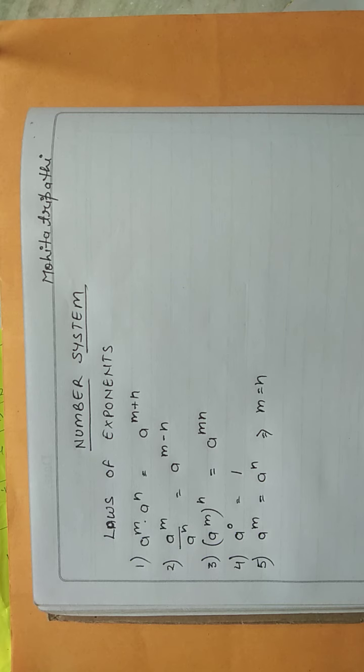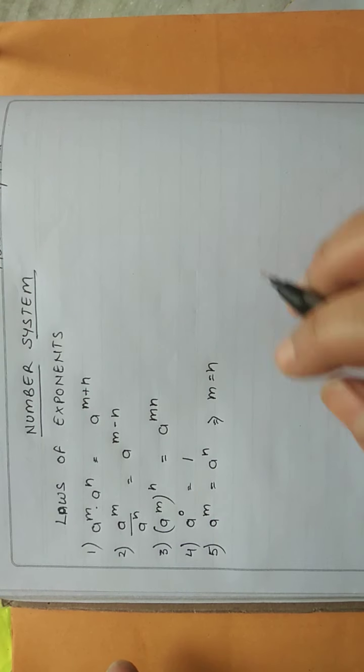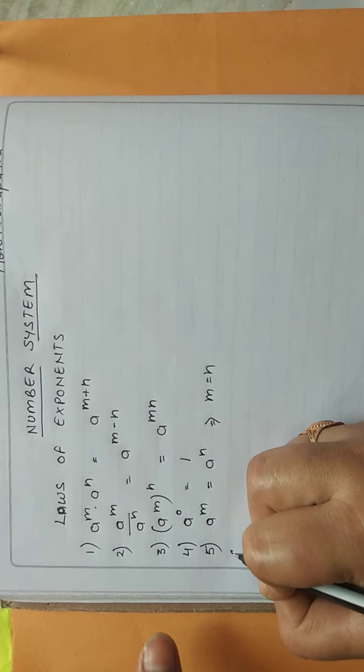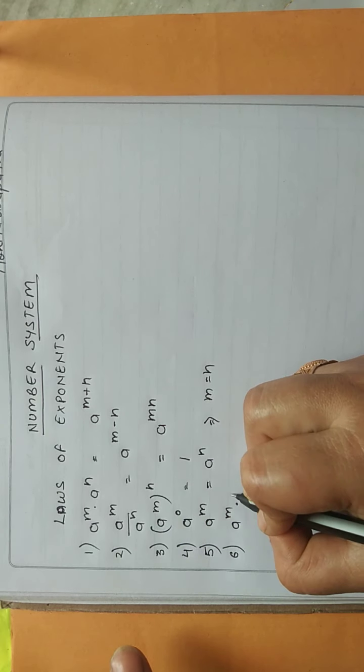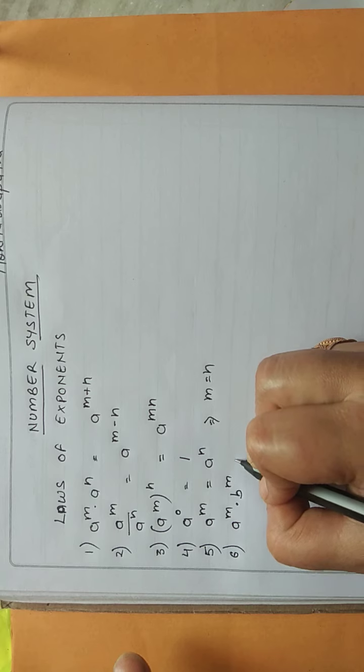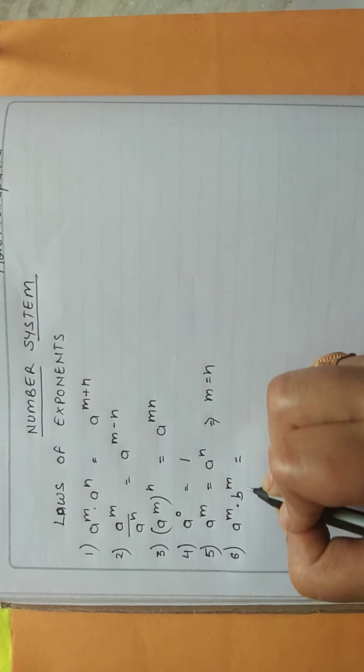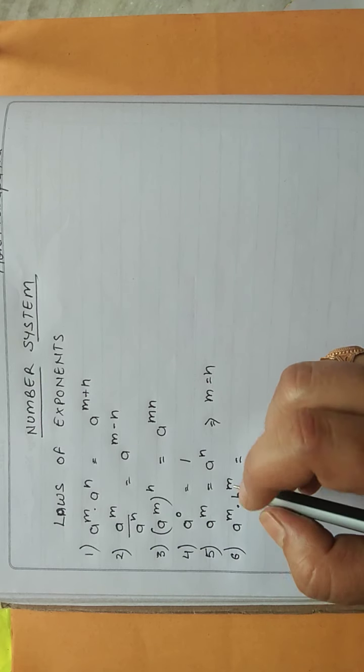Okay, now these 5 rules are with the same base. Now if bases are changed and it is in multiplication, for example we have a to the power m and b to the power m. Now see here, bases are changed but powers are the same.